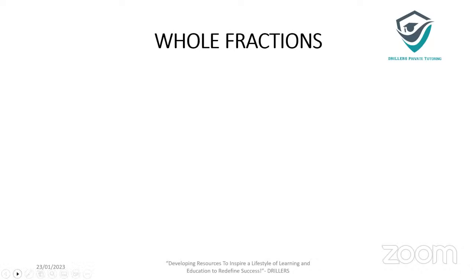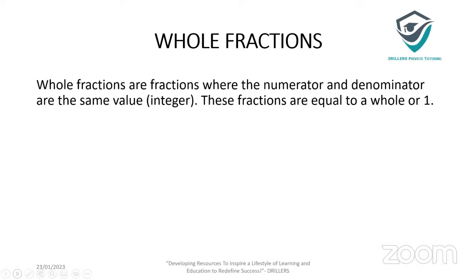Now let's talk about whole fractions. Whole fractions are fractions where the numerator and the denominator are the same value. Whatever two integers we are using to create that fraction, both of them are the same. These fractions are equal to a whole, or one. Remember I told you a whole represents one thing.